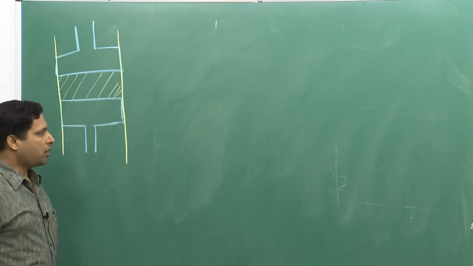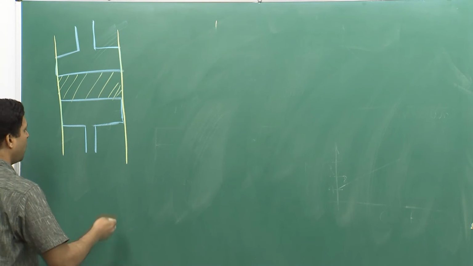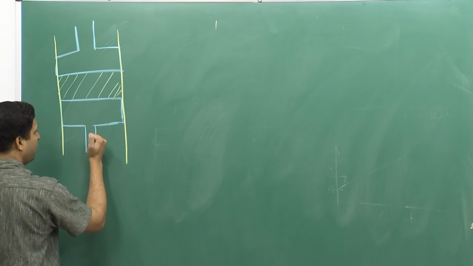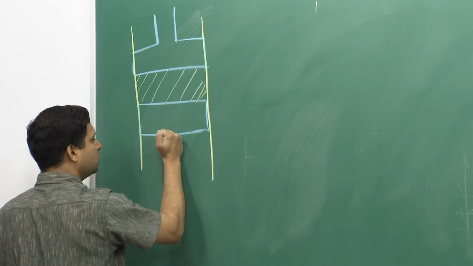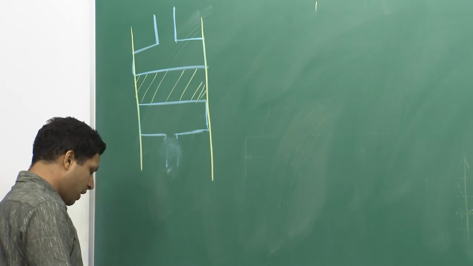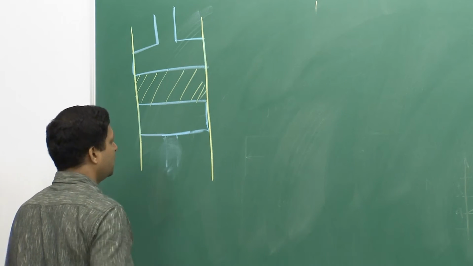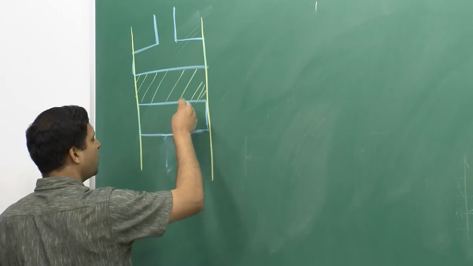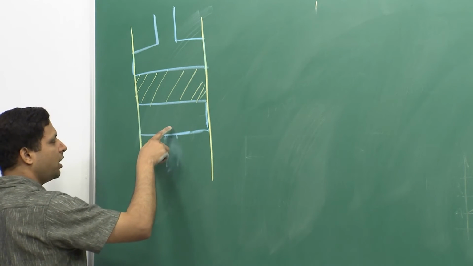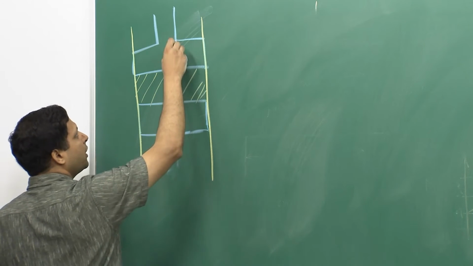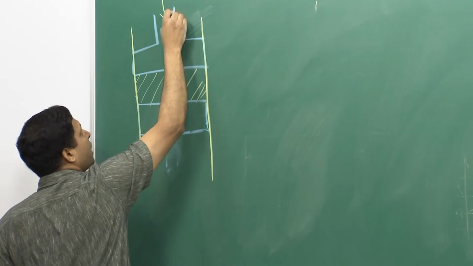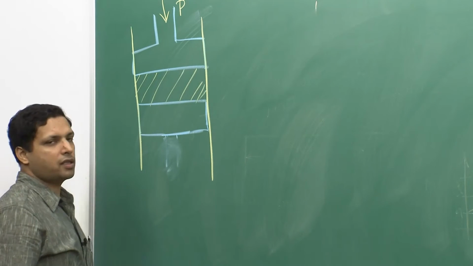This is the simple compaction process, and to begin with we will assume that we are only applying pressure from one side, the top side. We will get to the more complicated state of bidirectional pressure in the next stage. First, let us look at applying pressure only from one side.